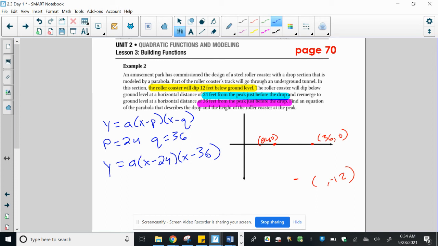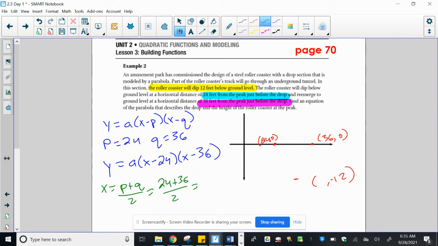Well, in order to get that, we need another ordered pair, another point that could help us figure this out. So we know our vertex had a lowest y value of negative 12. We could also find where the x value is using our x-intercepts. Remember, we could use p plus q over 2. It'd be 24 plus 36 over 2.